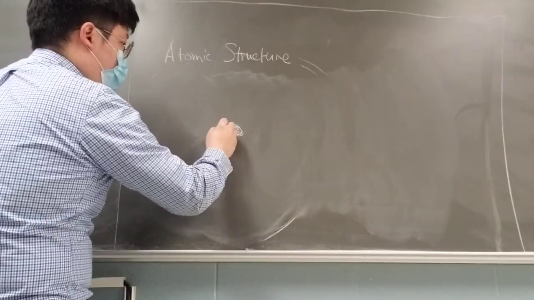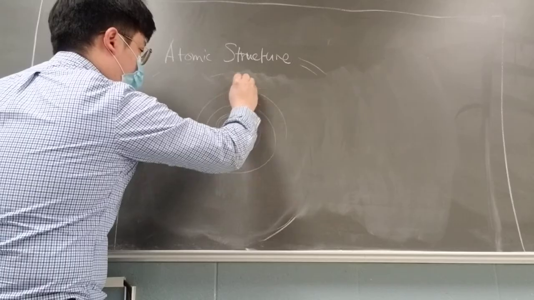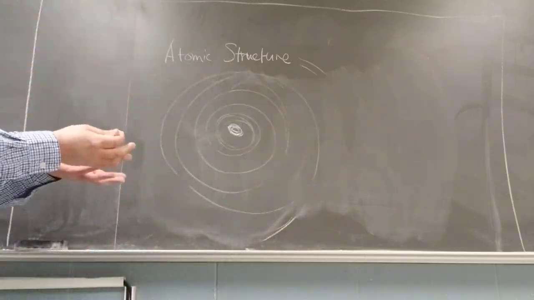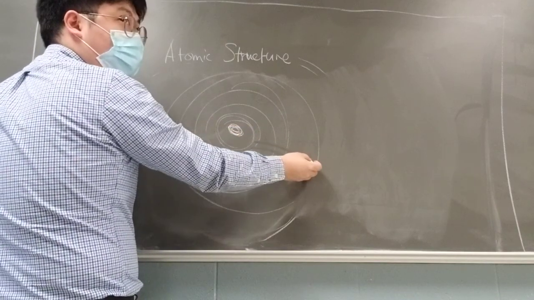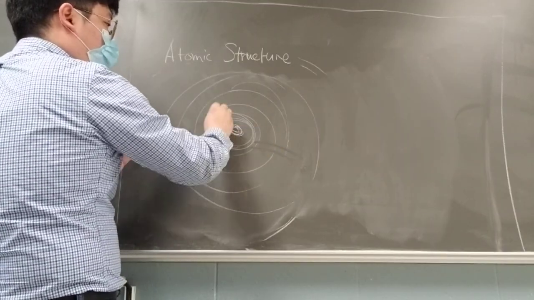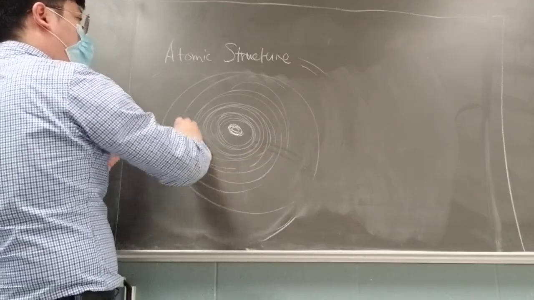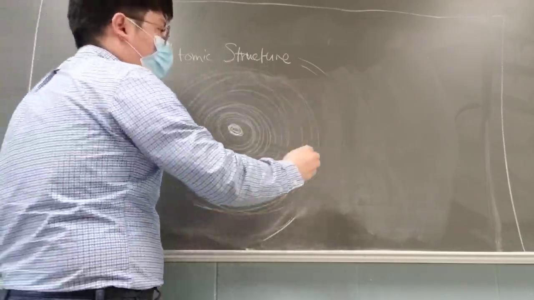In modern physics, you have actually sort of a cloud surrounding the nucleus, but it fades out as you go from the inner part to the outside of the atomic model. So this is a dark and very crowded cloud that fades away as it goes outward, and we call this the cloud model.